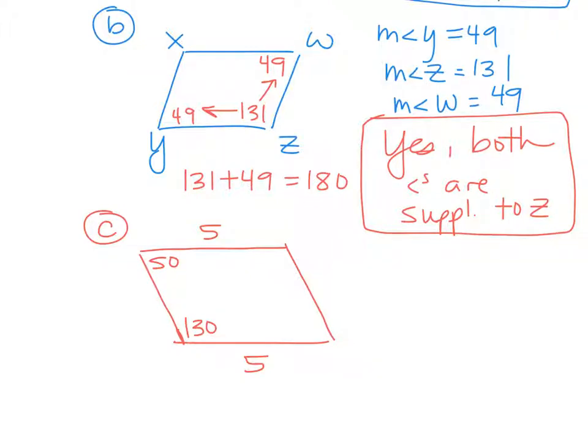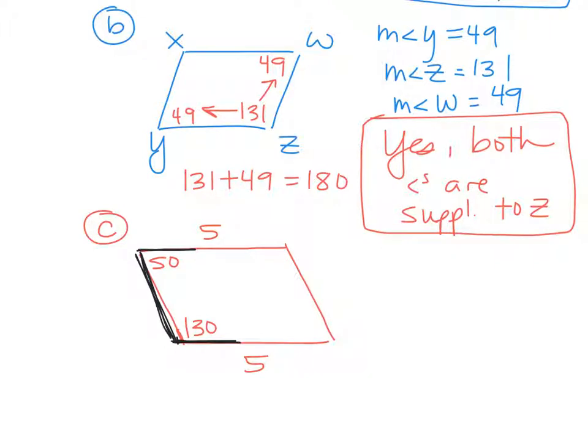Does this help you? Because that's how I always did it in chapter 3. What kind of angles are those?